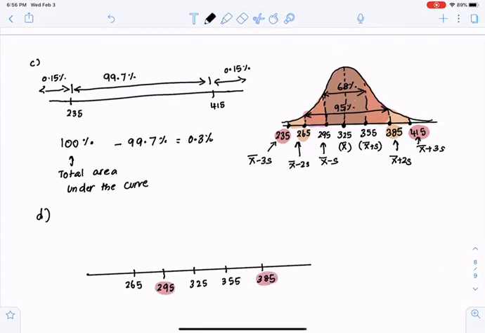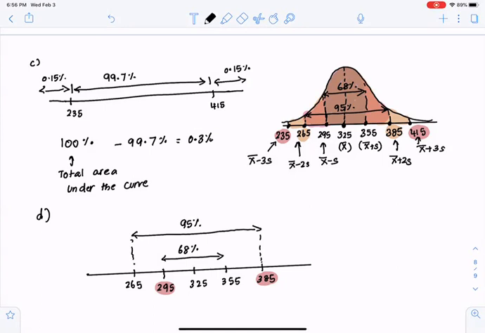So what do I know about 295 and 355? I know 68% lies between those 2 points. What do I know about 265 and 385? I know 95% lies between those 2 points.